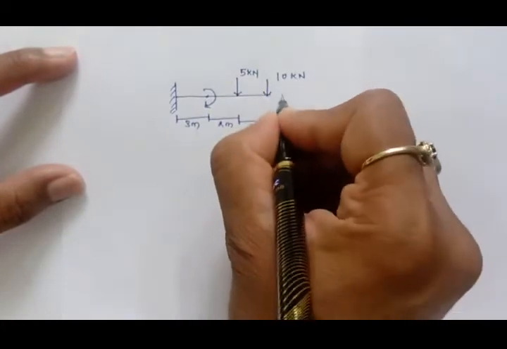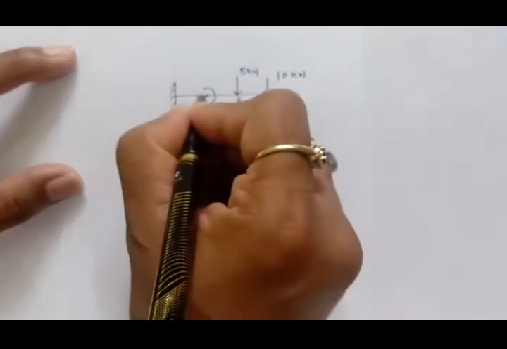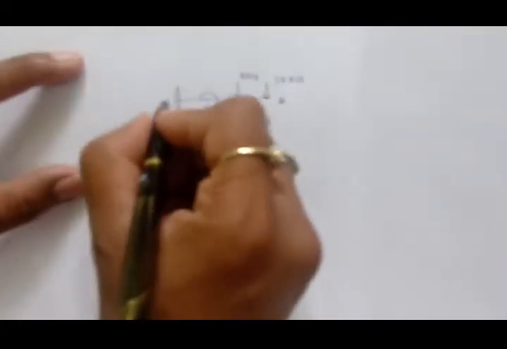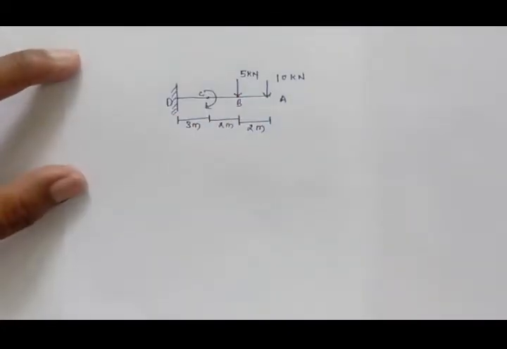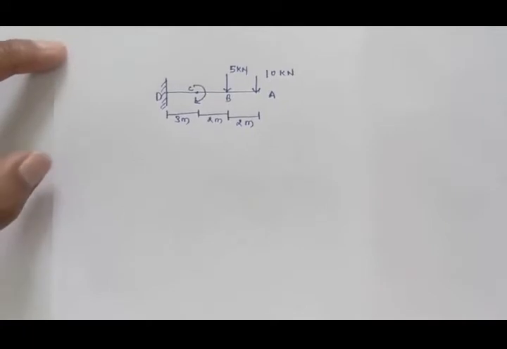So I'm giving name this A, this point is B, this point is C, and here it is D point. So this is the problem related to the cantilever beam having 2 point loads on a span with one couple.